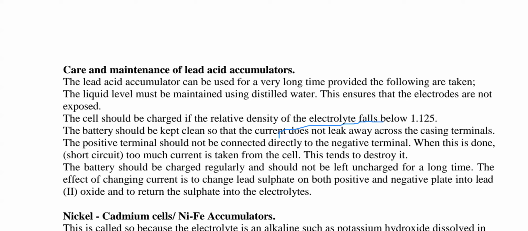When you talk about a short circuit, it means too much current is taken away from the cell. Then you say that the battery should be kept clean so that the current does not leak away across the terminals. Then you talk about the cell being charged if the relative density of the electrolyte falls below 1.125. You look at how you can maintain it when you're talking about the lead acid accumulator.